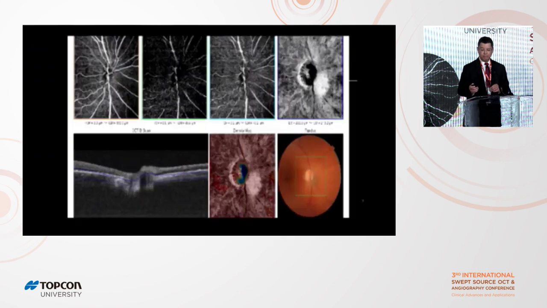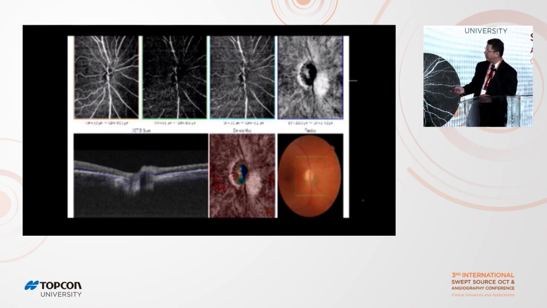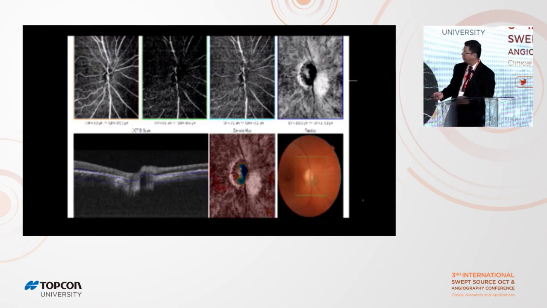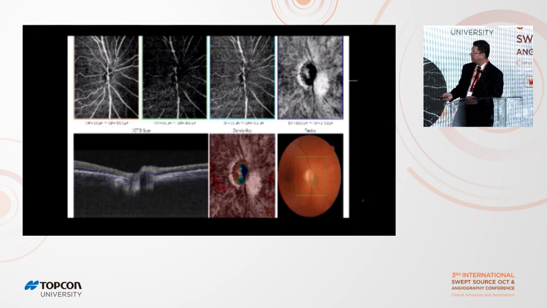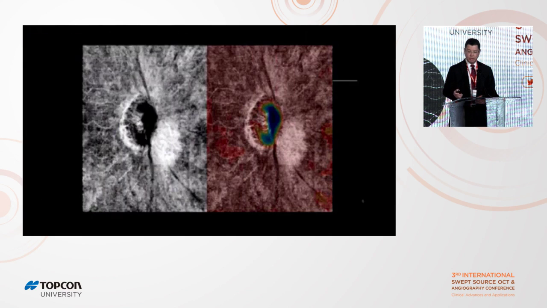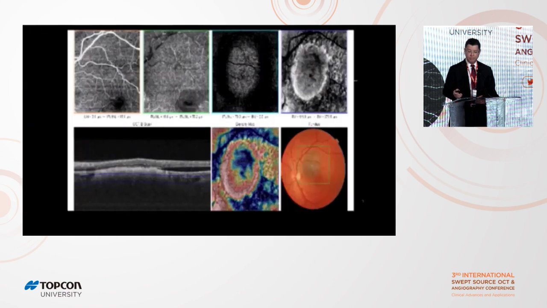And the OCTA typically shows that these lesions are hyperreflective. If you look at the lesion on the color fundus photographs, then you can see that the OCTA corresponding to this lesion is hyperreflective, and I will show some more examples like this one, a hyperreflective lesion.